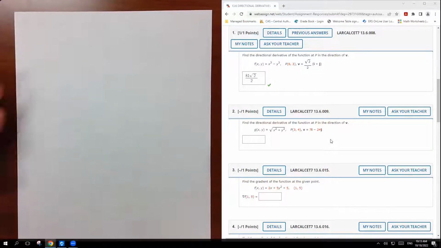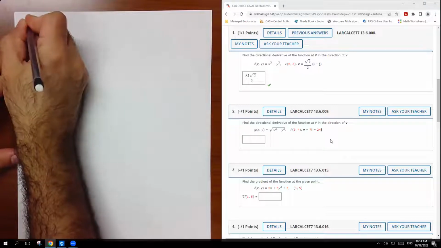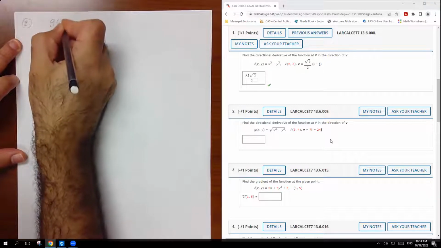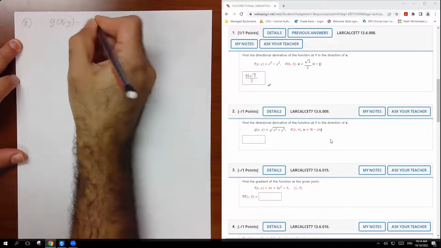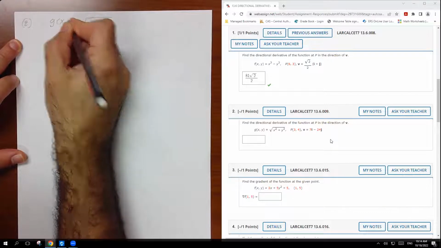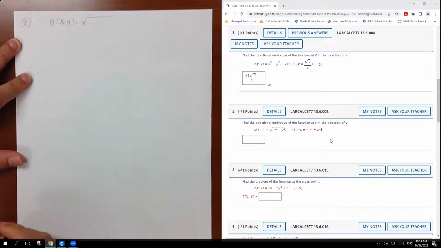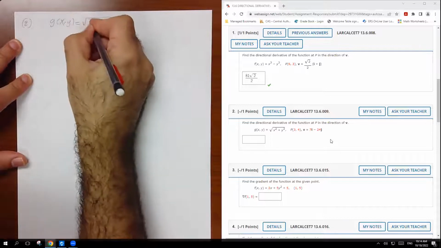So the second example is g of x, y, which is the square root of x squared plus y squared.